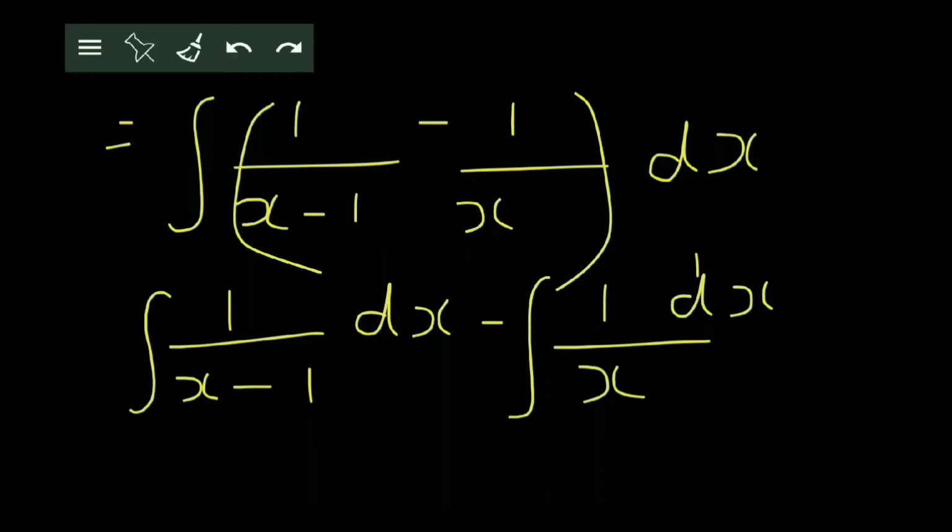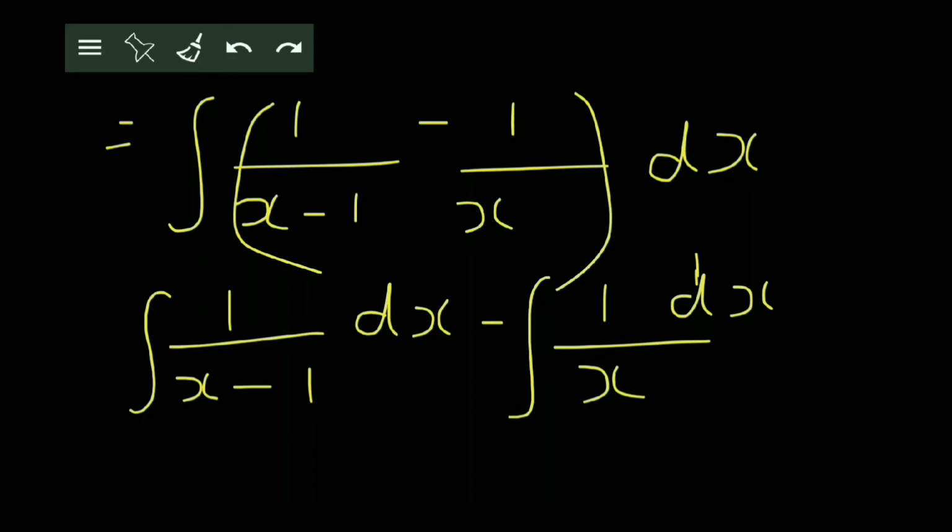I had asked you to remember in the previous lecture that the formula for integral of 1 upon x is very important. What is the integral of 1 upon x? Yes, right, it is log x. So both these integrals are of the form 1 upon. So 1 upon x minus 1 becomes log x minus 1, and 1 upon x becomes log x.